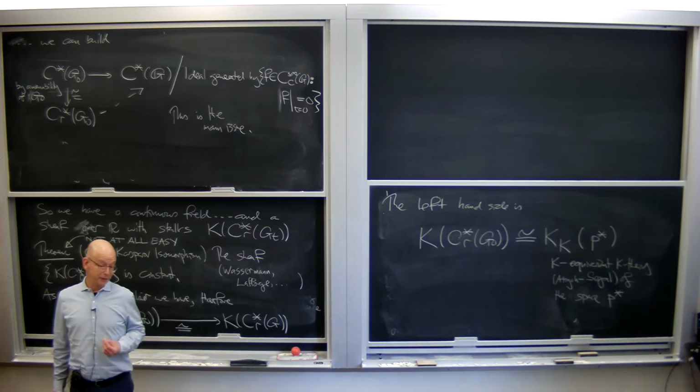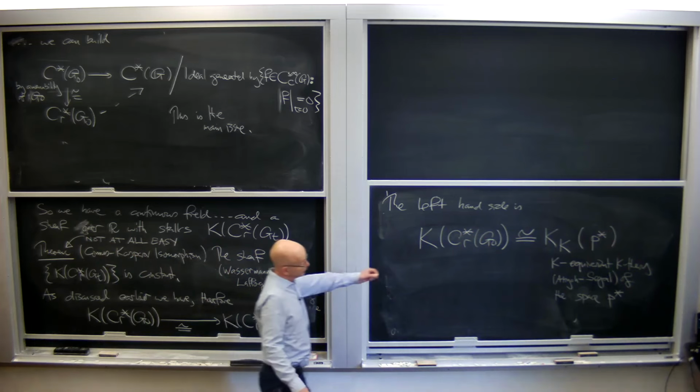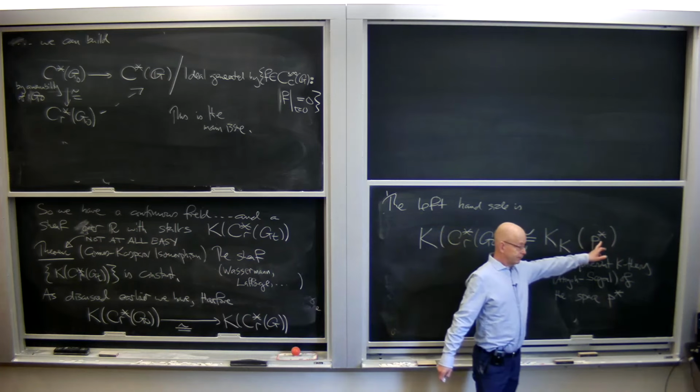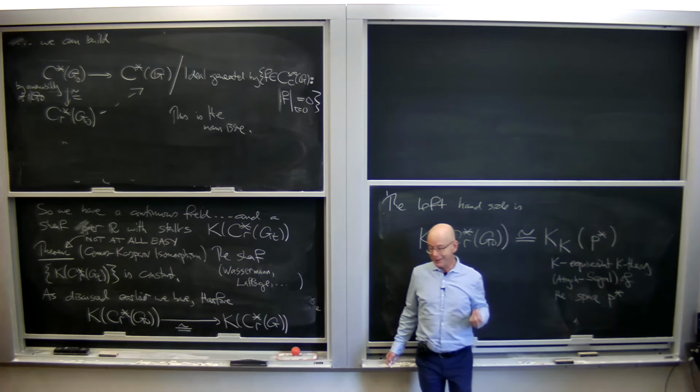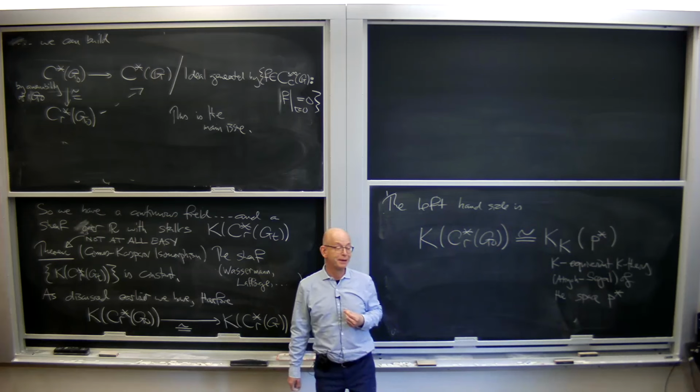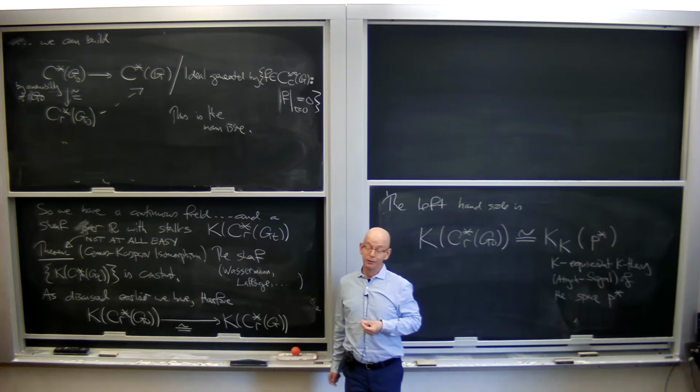And so it's basically something we understand. Very frequently, this P star is a vector space; that doesn't happen frequently, it happens all the time. And we have the Bott periodicity theorem, which tells us the K-theory of a vector space.